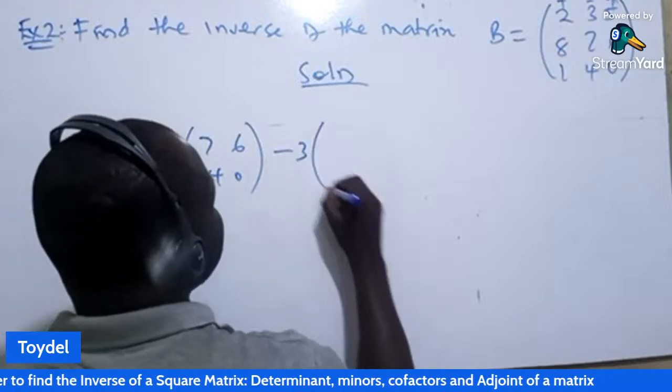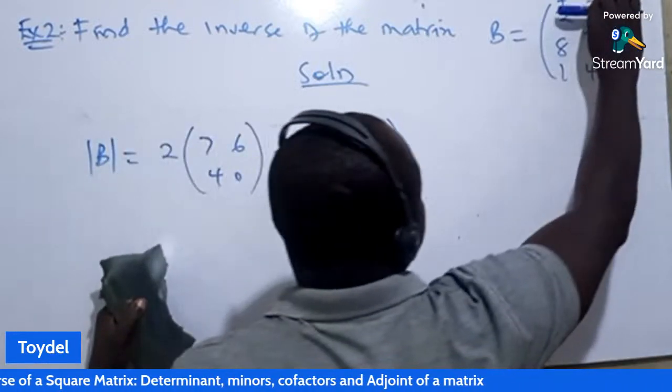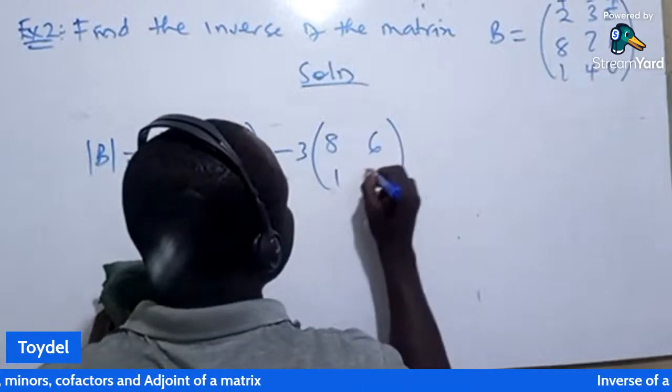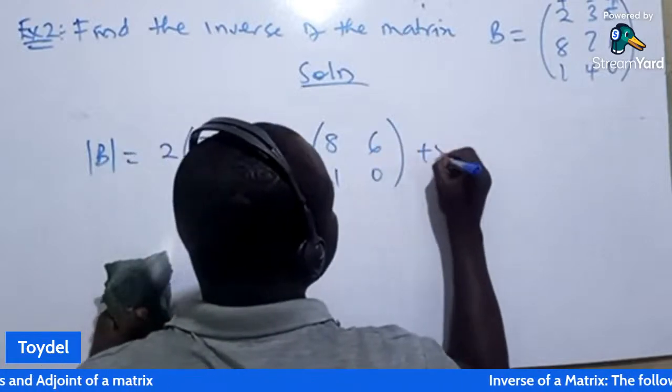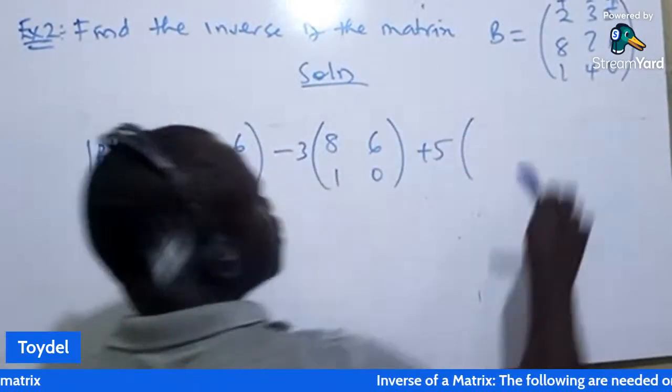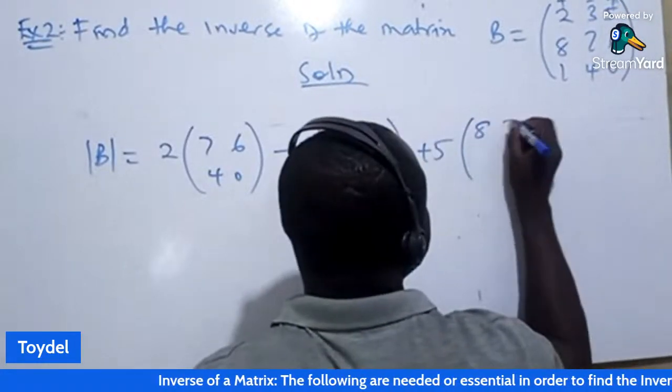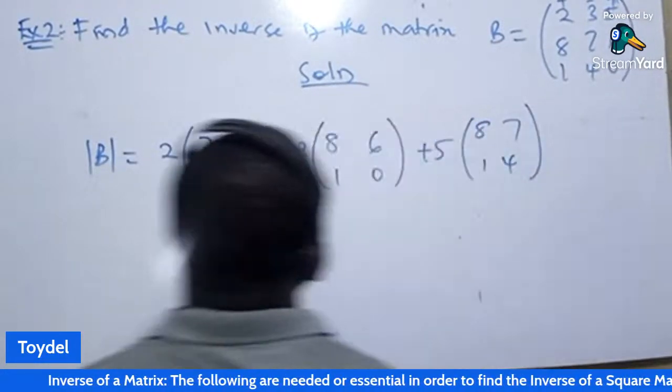Then minus 3 into brackets. When we cover this and this, we are going to have 8, 6, 1, 0. Then plus 5, that's along the first row and third column. We have 8, 7, 1, 4 left.